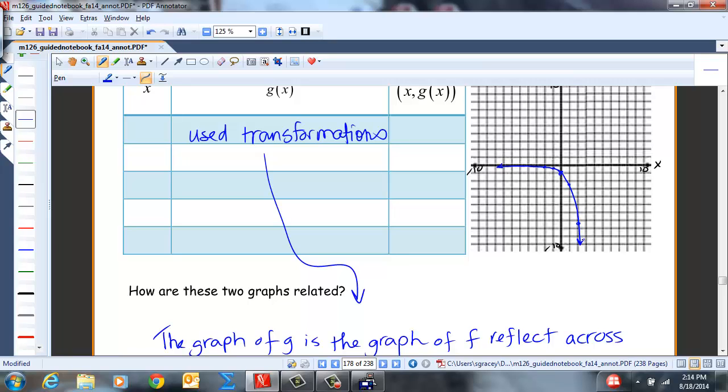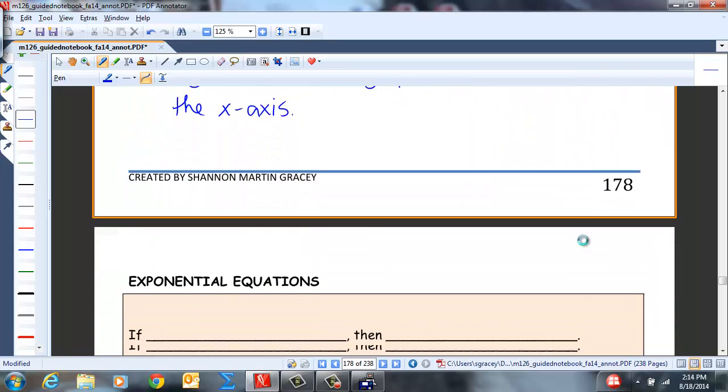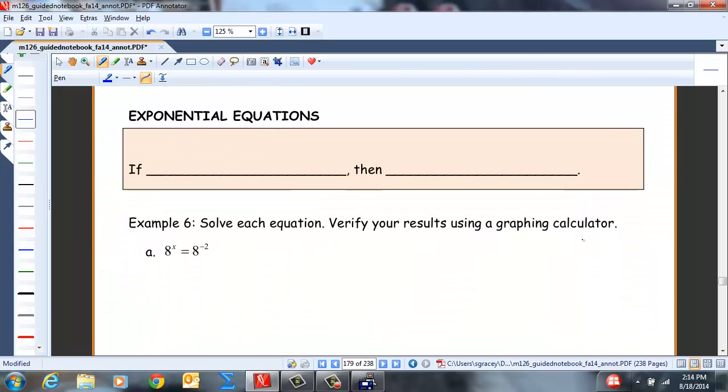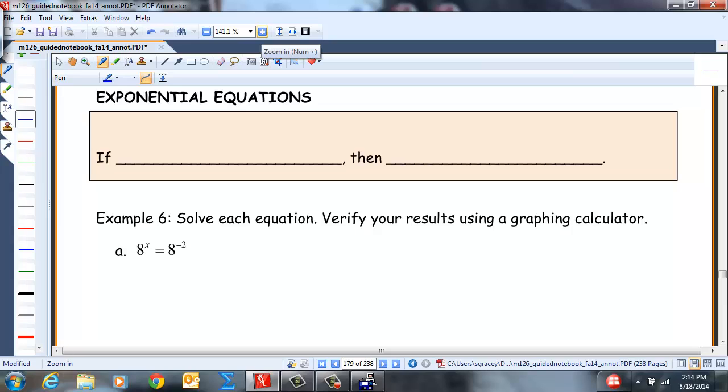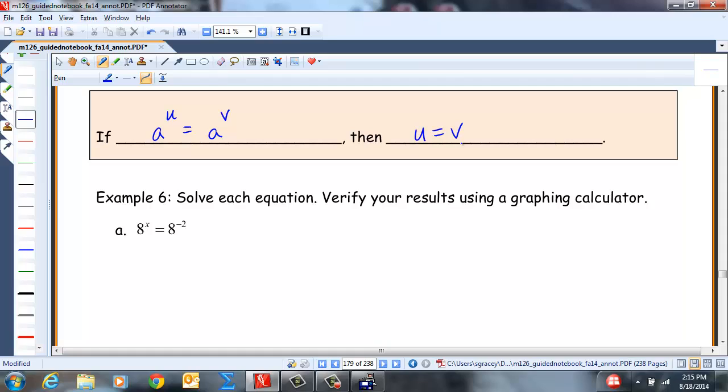All right. Perfect. So exponential equations are next up. Here is one concept to use. If you have the same base and they're raised to different powers, don't the powers have to be equal? So one way you can solve exponential equations is to see if you can get them each to have the same base.